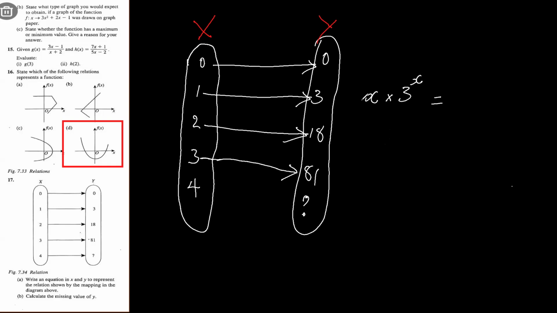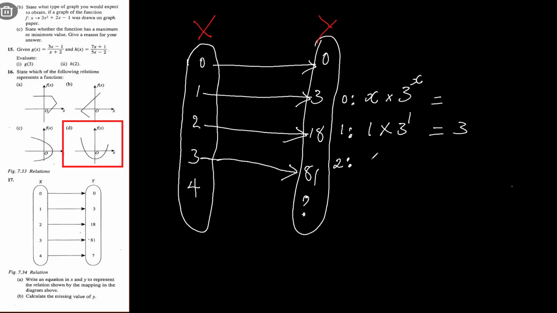So if you do this for 0, anything times 0 is 0. If you do it for 1, it will be 1 times 3 to the power 1. 3 to the power 1 is 3. 1 times 3 is 3.